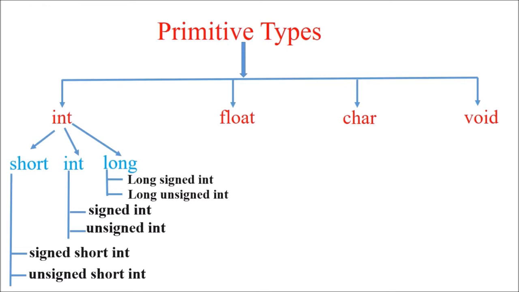But if we declare an integer variable using signed, then that particular variable's value may be negative or positive both. So this is the basic difference between unsigned and signed integer. Unsigned integer variable's value must always be positive, but signed integer variable's value may be negative or positive both.